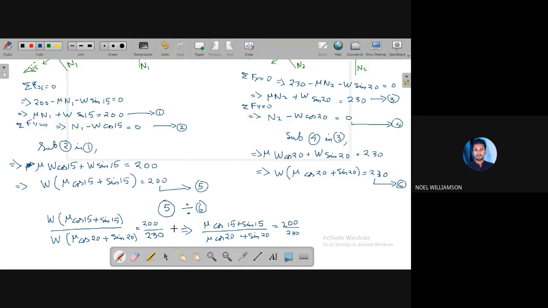So after solving, you will get the value for mu, and substituting that value in any of the relations, you will get the value for W also in Newton.